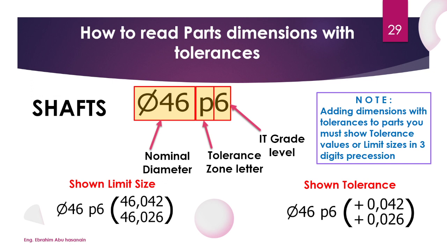The same way for shafts, when adding a dimension with tolerance to a part, you must show tolerance values or limit sizes with 3-digit precision. As we see here, 46 p6, the maximum size will be 46.042 and the minimum size will be 46.026, or we have here 46 and we are giving the tolerance.